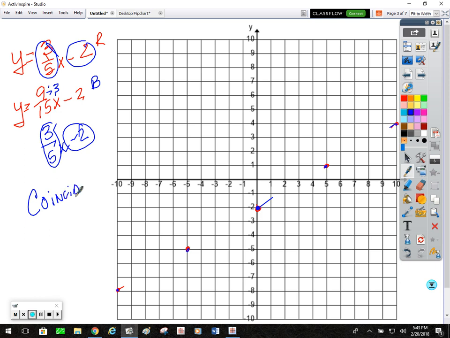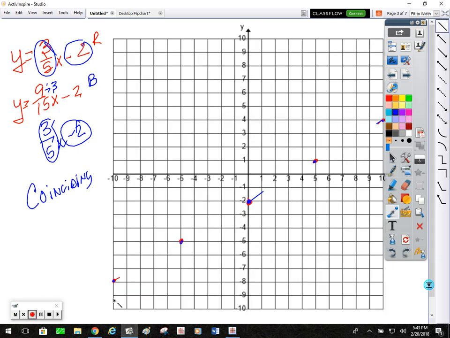coinciding lines. Because if you'll notice, if I was to draw a red line and a blue line, it would look like one line. But what I do want to show you really quick, and I want to kind of reiterate this point to you. If I was to draw that, okay, and then if I was to turn around and draw the red on top, and I want you to remember this real quick, because this is the important part with a coinciding line.